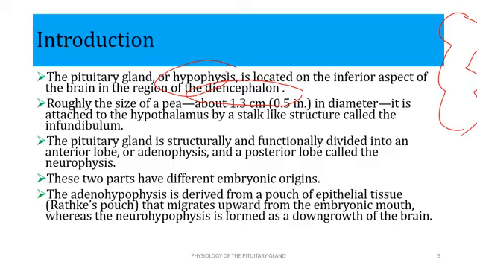The first vesicle is known as the prosencephalon, which is responsible for developing into the forebrain. The middle vesicle is the mesencephalon, which is responsible for the midbrain. And the hind or last vesicle is the rhombencephalon, which develops into the hindbrain.